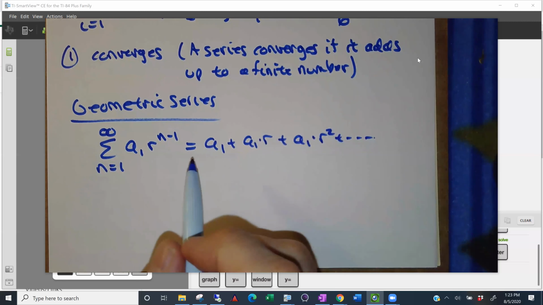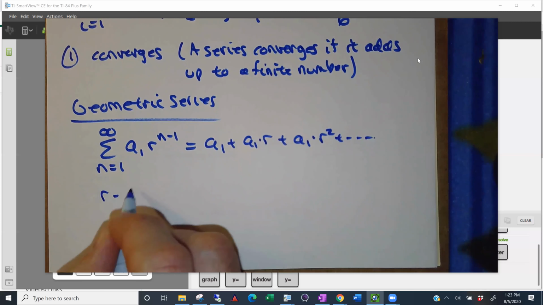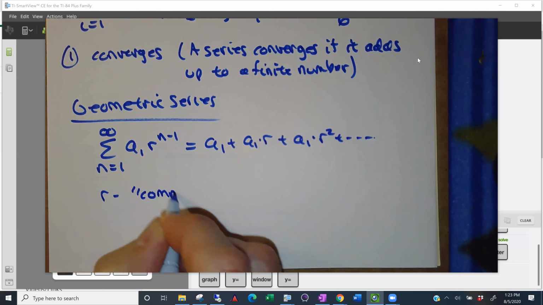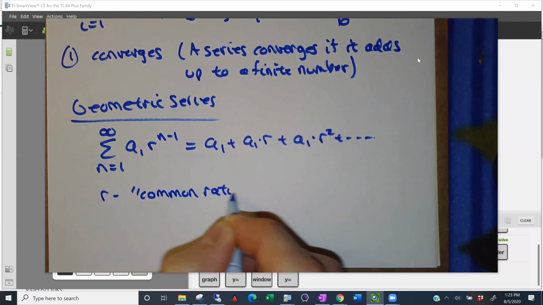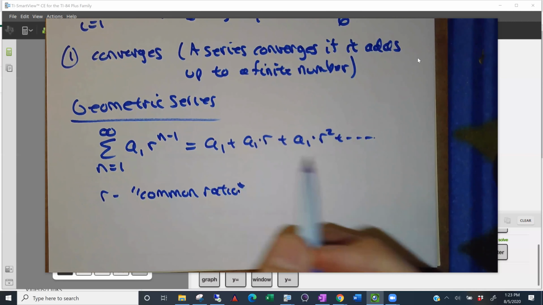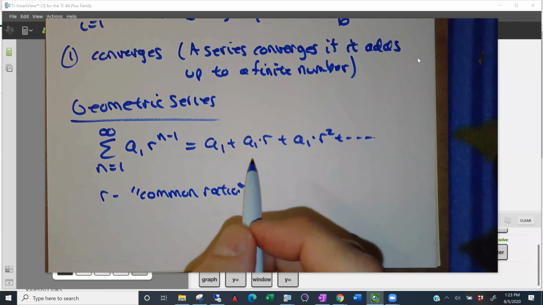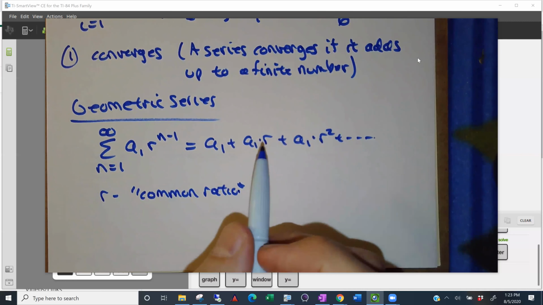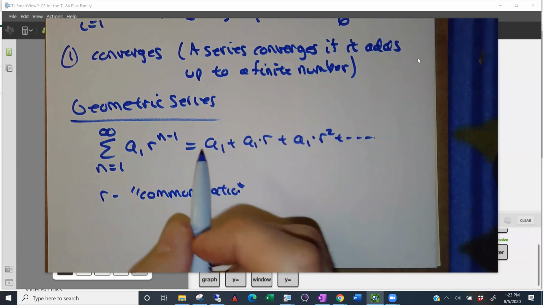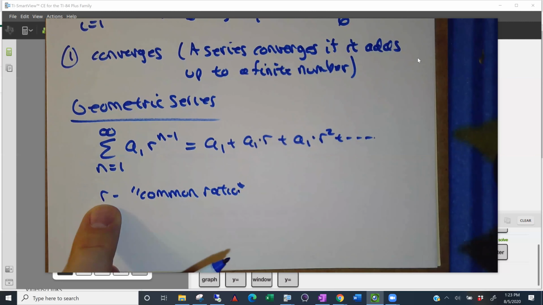And the thing about a geometric series is that you have this common ratio, r. That's what you're multiplying by to get from one term to the next. Another way you can think of that is if you take a term and divide it by the previous term, you're always going to get that same ratio, r.